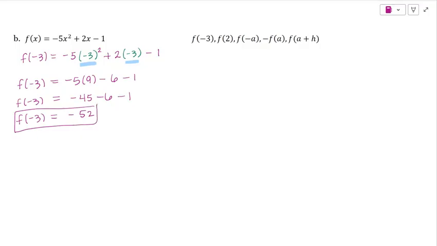Okay. Let's plug in 2 this time. Negative 5 times 2 squared plus 2 times 2 minus 1.